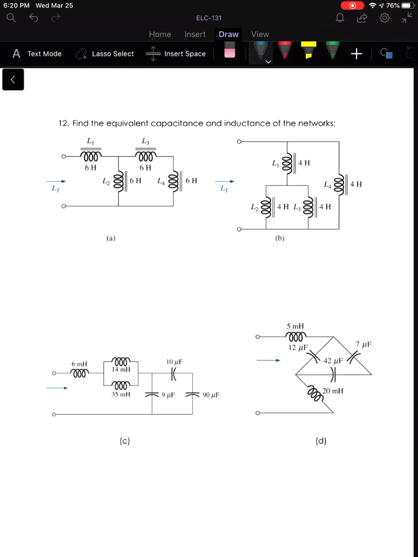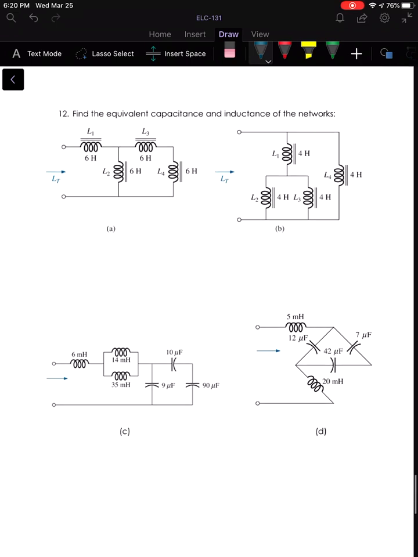Okay, let's just spend a moment on combining inductors. If you have multiple inductors in the circuit, you're going to combine them exactly like you did resistors. So for our series inductors here, we're going to add, 12 henries there, 6 henries here, and 6 henries here.